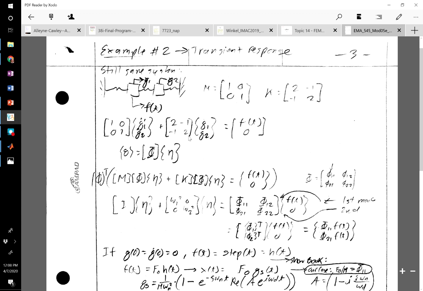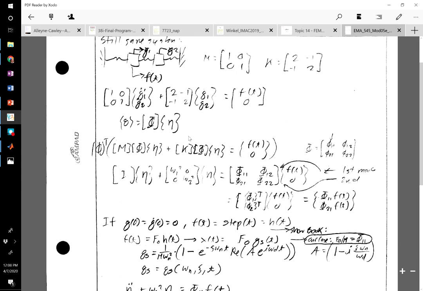We've already reviewed the fundamental equations that we use to transform from these physical coordinates q1 and q2, which are the position of the masses, to modal coordinates, eta. We basically plug this into the equation of motion, and we use the orthogonality properties to show that our system of equations becomes diagonal.